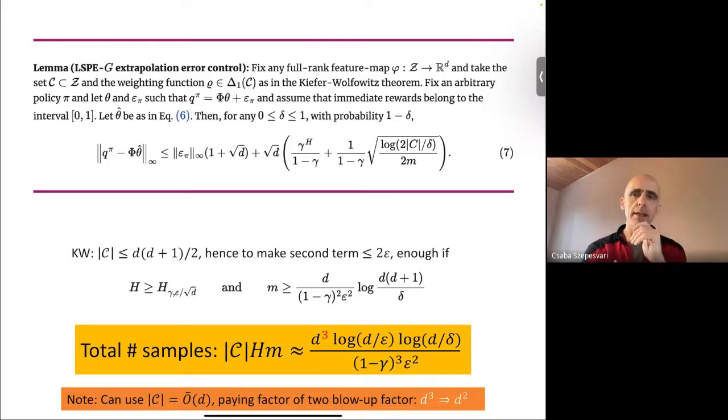But you can do that. And then maybe you can do a better analysis, and then you can make that d squared to be d, and then that would be optimal. Then there is still the question of whether this 2 that blows up the approximation error is really necessary, or some magical procedure can get the best of both worlds: just purely square root d blow-up of the approximation error and linear dependence on the dimension in the sample complexity.